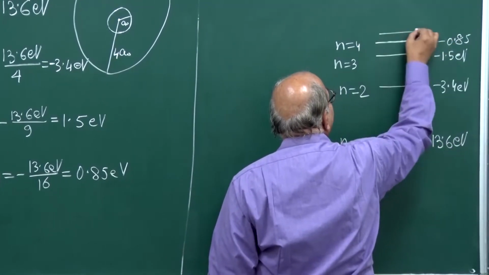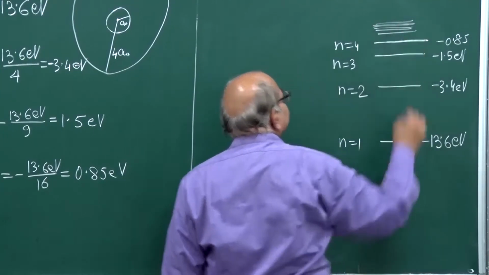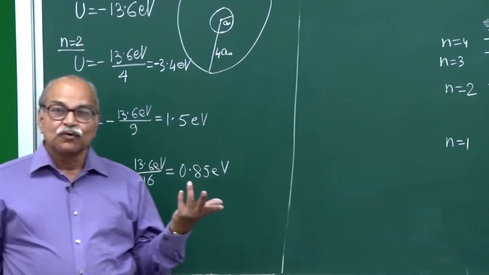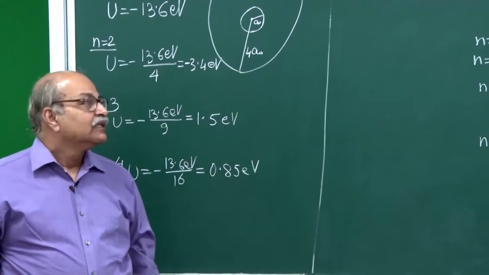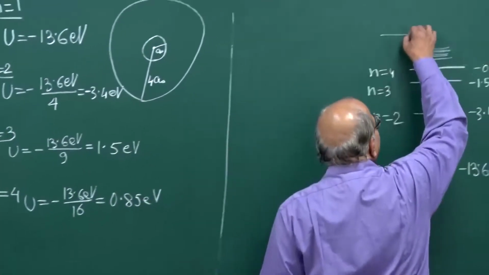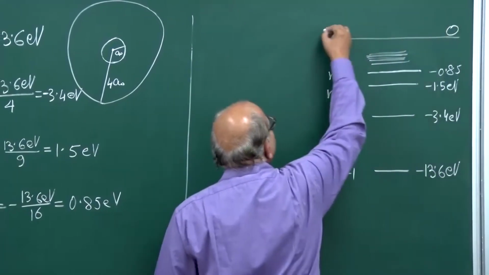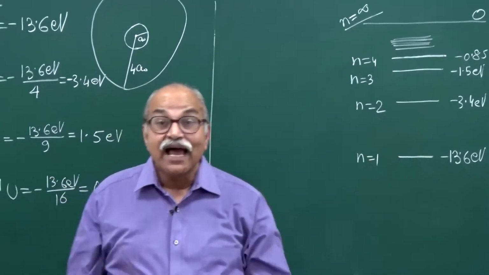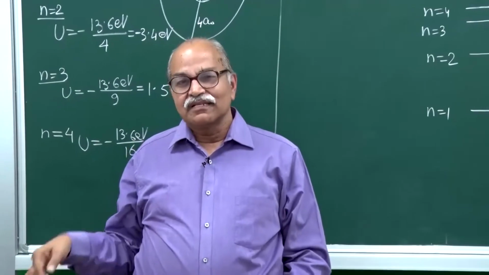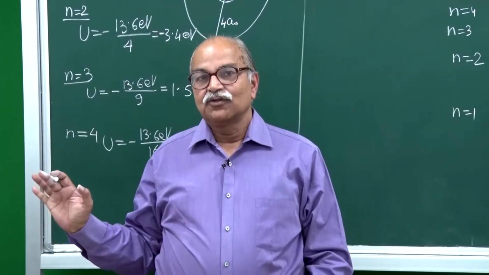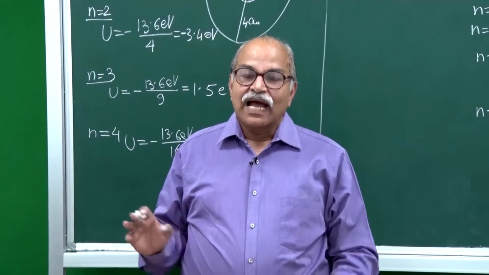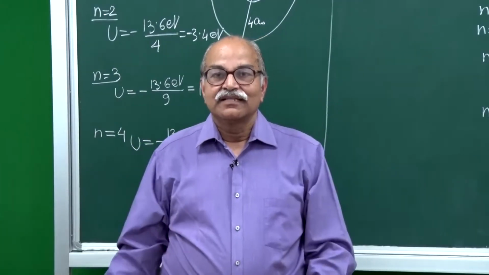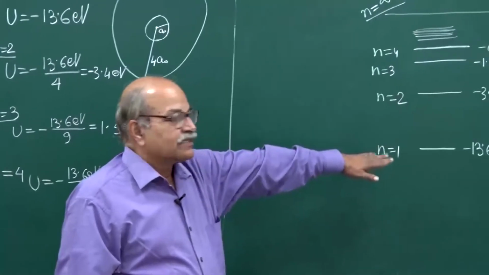So this way it increases, and when n is very large, say infinity, then minus 13.6 divided by n square becomes 0. So 0 corresponds to n equal to infinity, and that means the radius is very, very large compared to the Bohr radius. That means this electron has gone out. It is not bound to the proton. For that system, where electron and proton are widely separated, we take the energy as 0, and with respect to that all these energies are given.